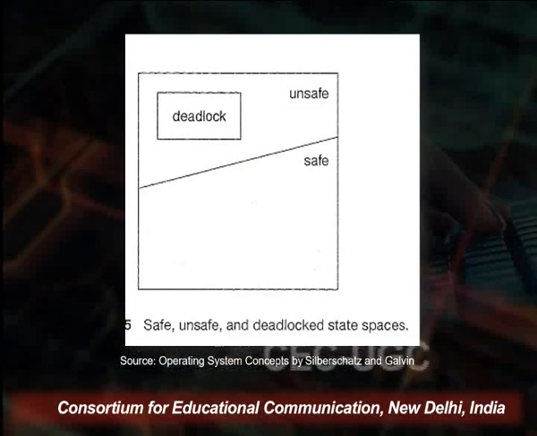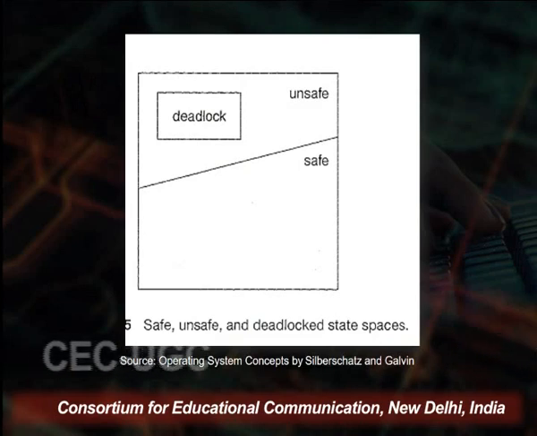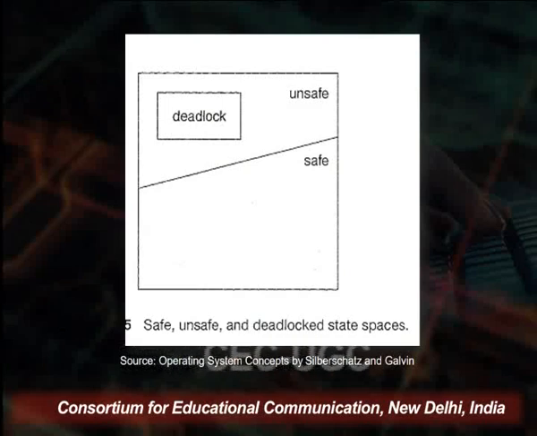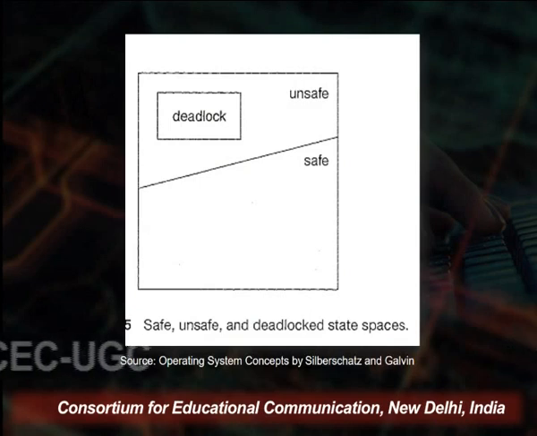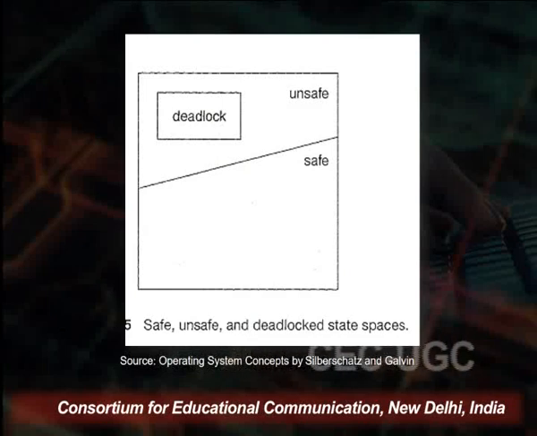So that means if there is a deadlock, that is an unsafe situation, we all are aware. But whether an unsafe situation is going to result in a deadlock surely, that we cannot say, it may or may not happen. This is a kind of Venn diagram of the system with all its state spaces.